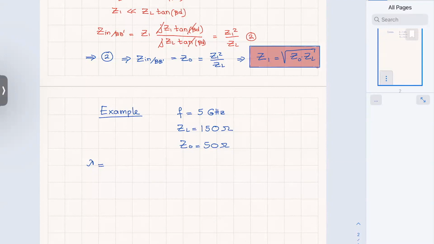When you go to AM, the radio stations, how much is the wavelength? How much is AM? Do you guys remember? It's kilohertz. Kilohertz is 10 to the third, megahertz 10 to the 6, gigahertz 10 to the 9.